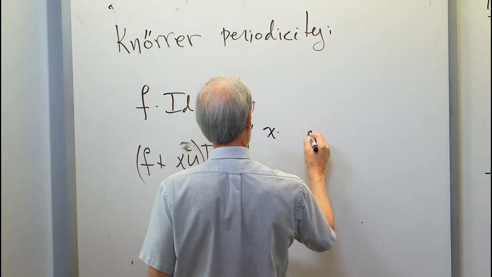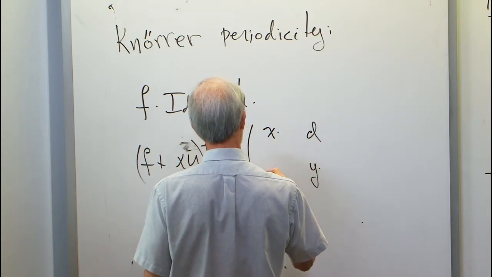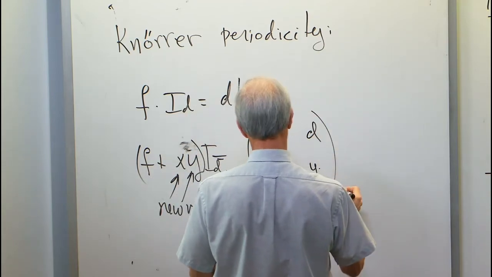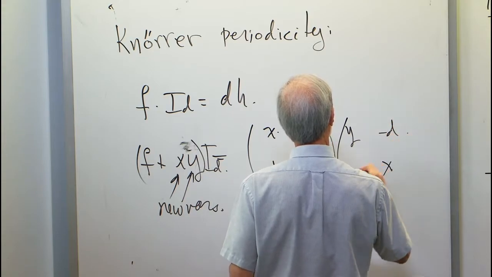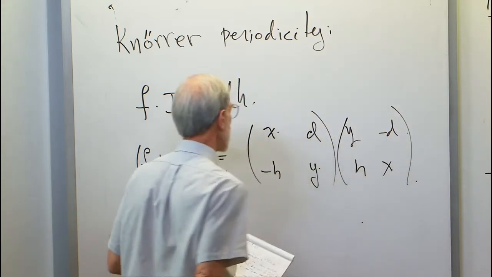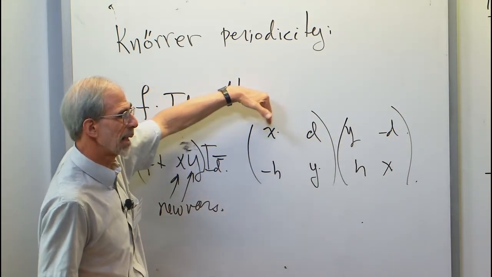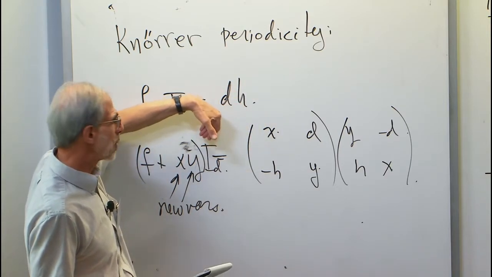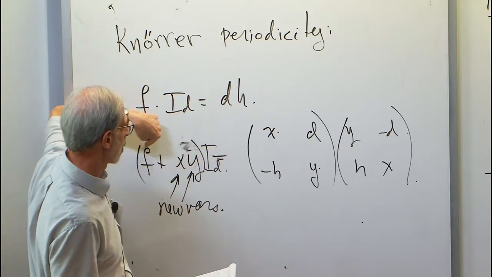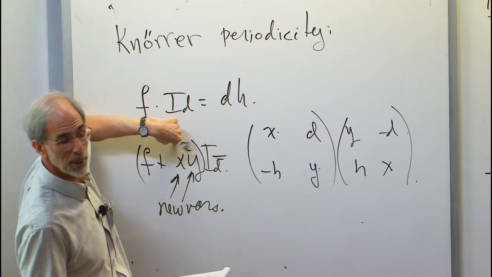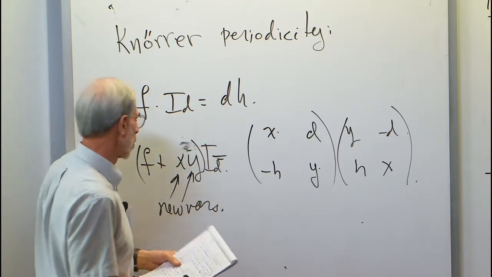For example, I could write d and minus h, and then y x minus d h. Okay, so I double the size, and I get a new matrix factorization. And this is a one-to-one correspondence between matrix factorizations of f and matrix factorizations of f plus xy. That's what Knörrer proves.